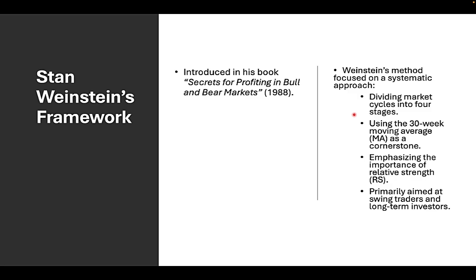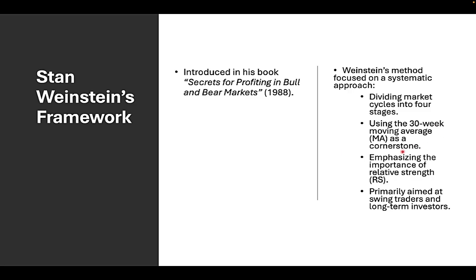Okay. So in this, Stan proposed using the 30-week moving average as the main important thing. Okay. So what is the important indicator in the stage analysis as per Stan Weinstein? 30-week moving average.